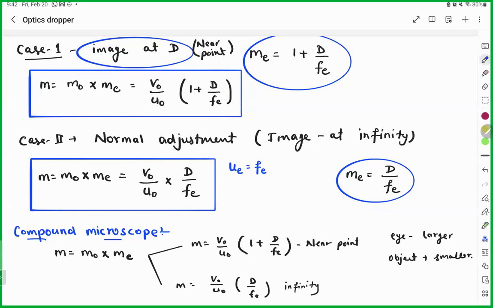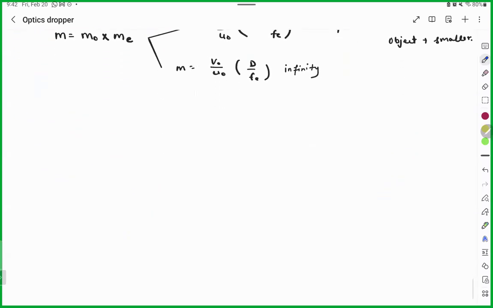By then I will write the question, so you can solve that part. And you have to write full notes. I will check the notes as well at the end of the chapter.